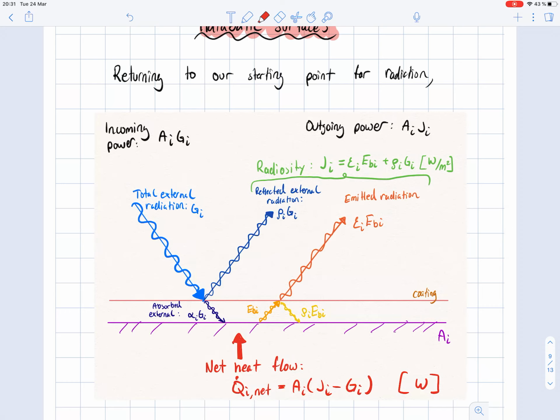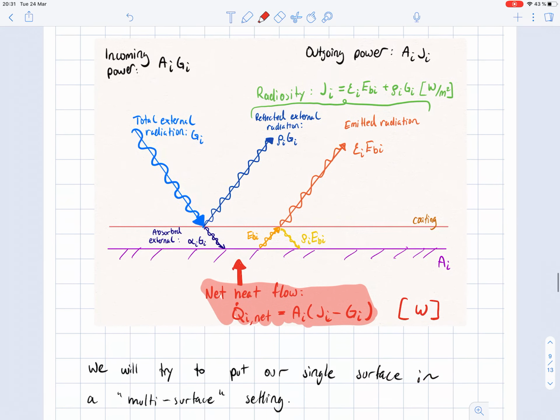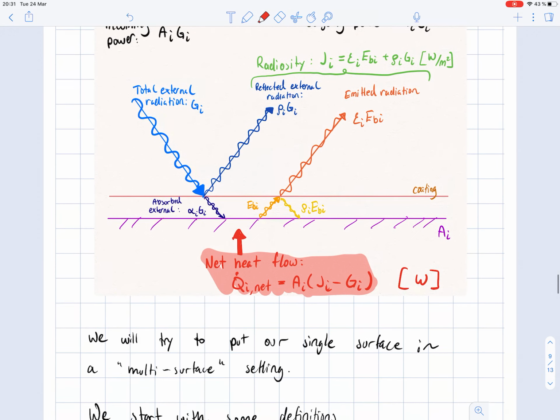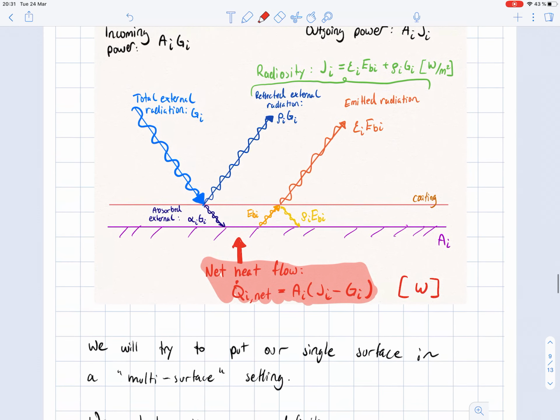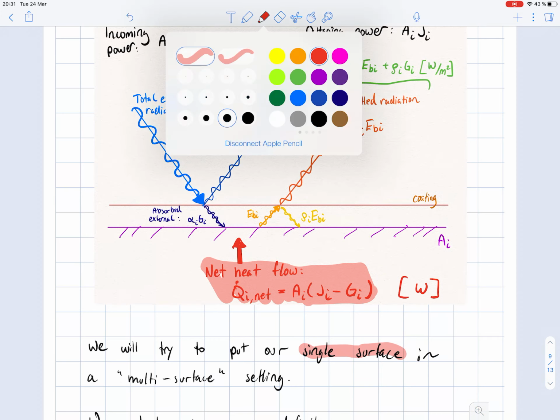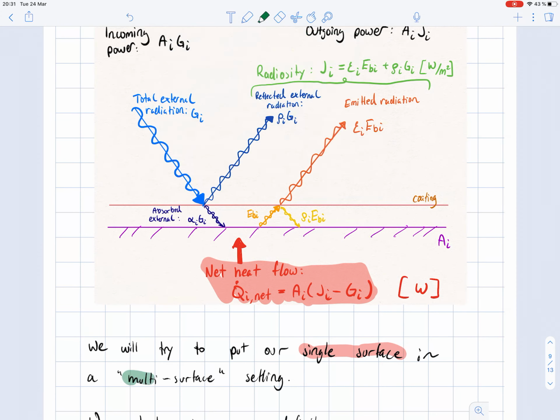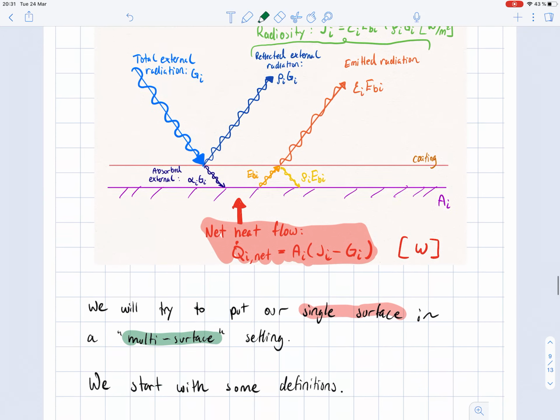And what we have been discussing is this net heat flow. What we're aiming to do now is to put this single surface into a multi-surface setting. So how will this behave in a system, for example, an enclosure of multiple surfaces?